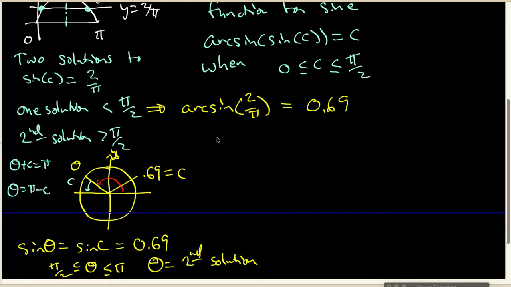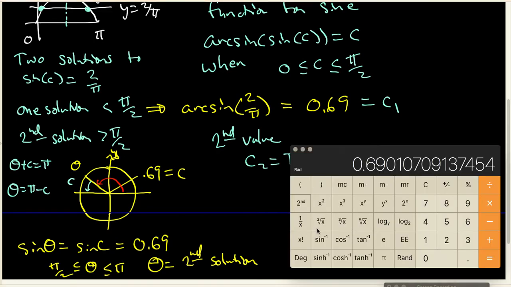So our second solution, our second value for C, I'm going to call this one C1. Our second value that works, C2, is going to be pi minus 0.69. Let's actually get that up on the calculator as well.